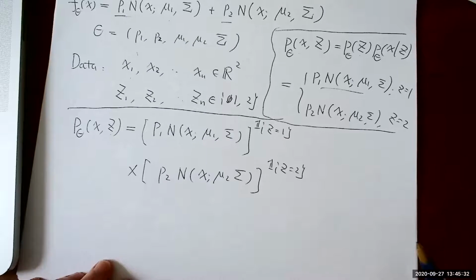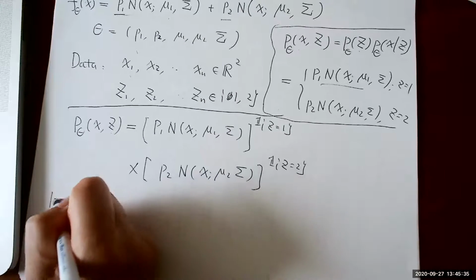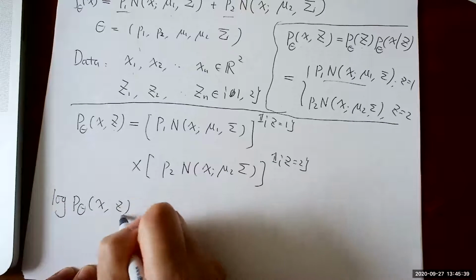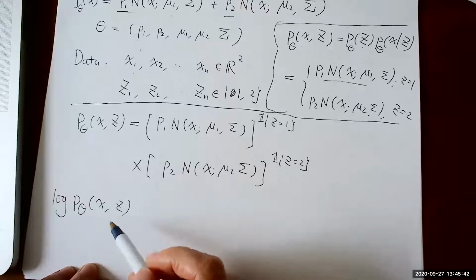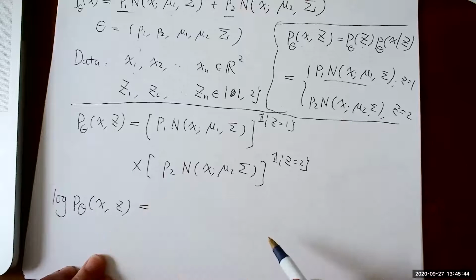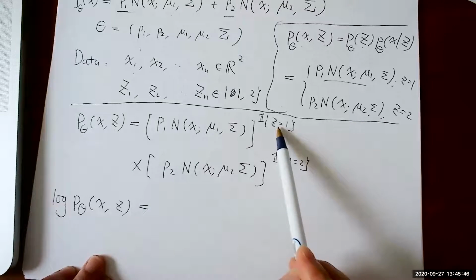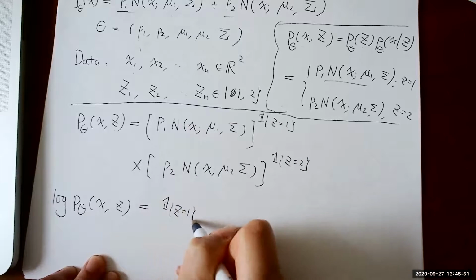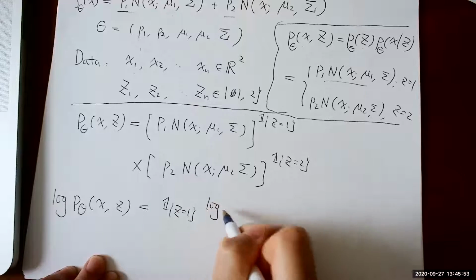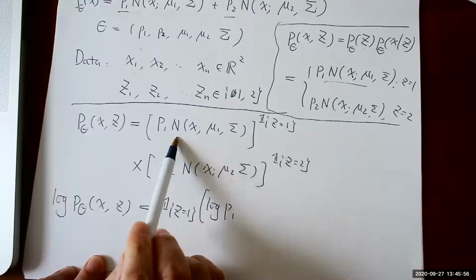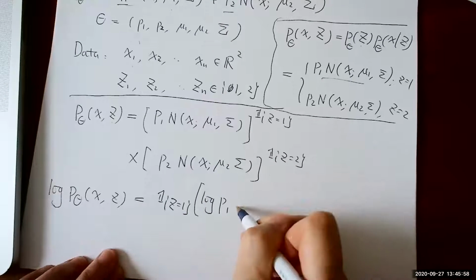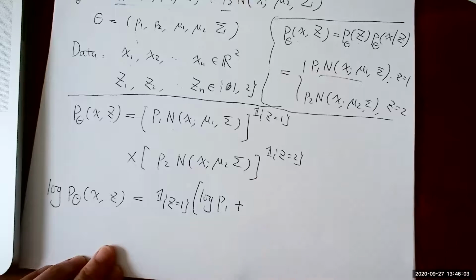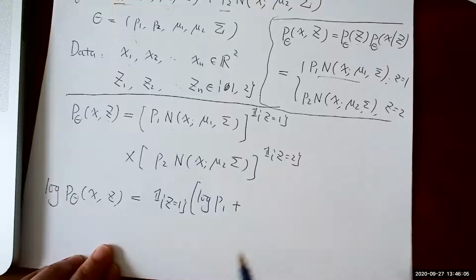Usually when we do optimization, we take log. So let's look at the log form. If I take the log of this density function, which will be the log likelihood for one observation, I can drag the exponent down. So it's the indicator of z equal to 1 times the log of P1 plus the log of this density function. Let me write down the density function.